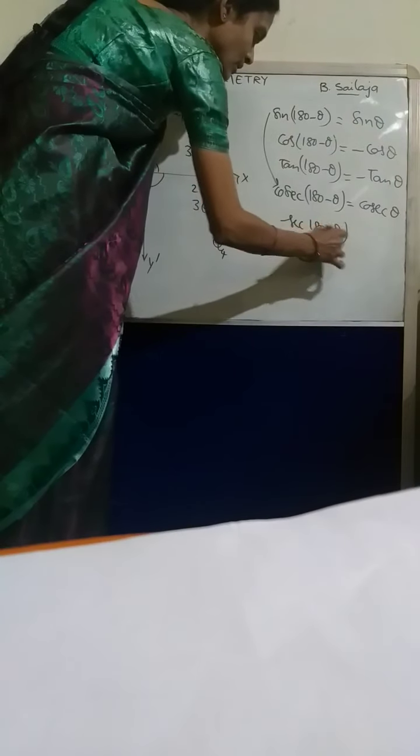Then like that, take the reciprocals. Cosec of 180 minus theta is in the second quadrant, cosec is positive, and it is cosec only, with no change, because it is 180. Then sec of 180 minus theta is in the second quadrant, sec is negative, and 180 means there is no change.